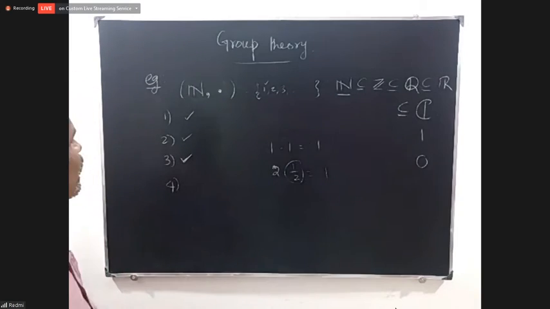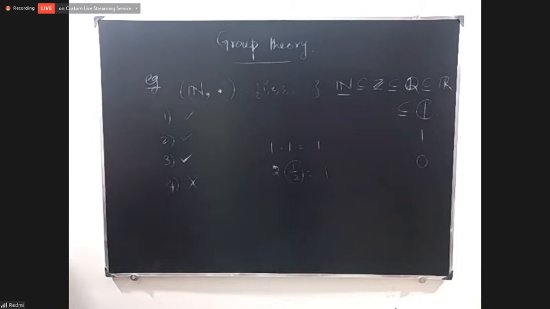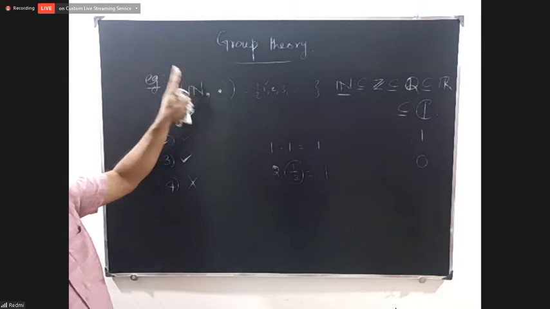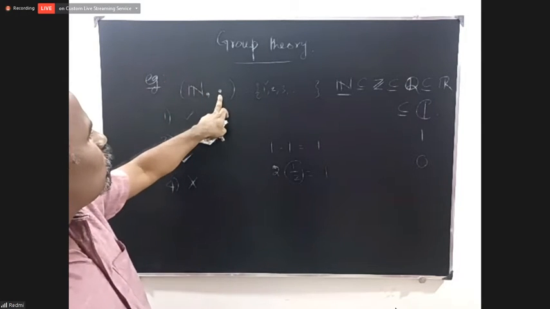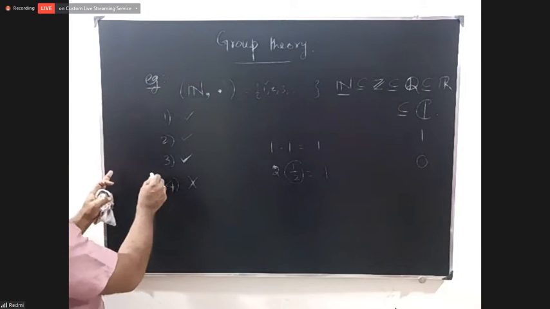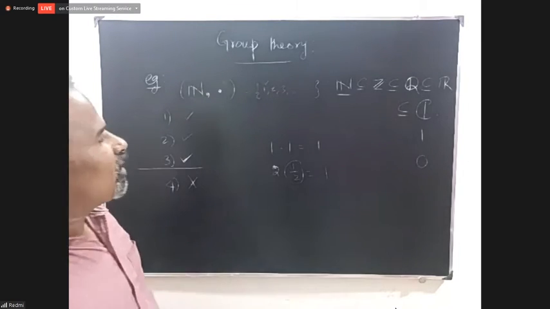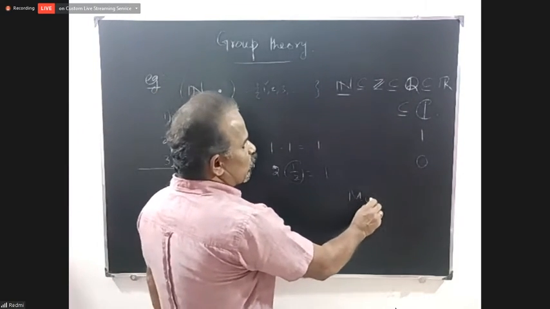So inverse is not satisfied. The natural numbers with respect to multiplication are not a group, but satisfy three conditions. So this is called a monoid.